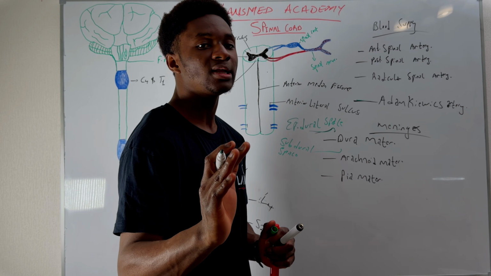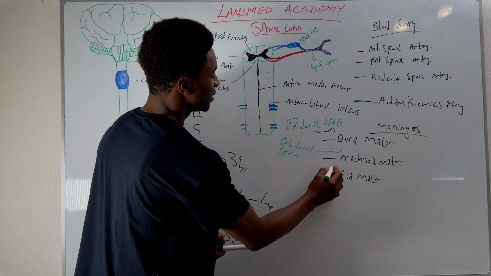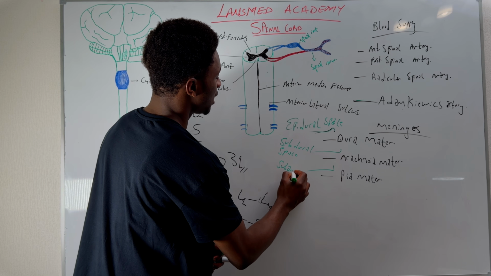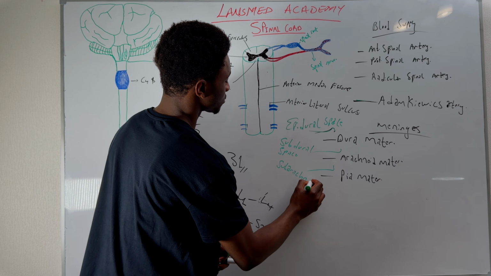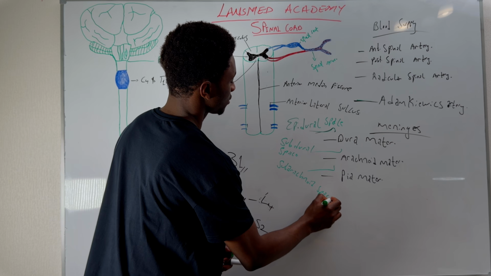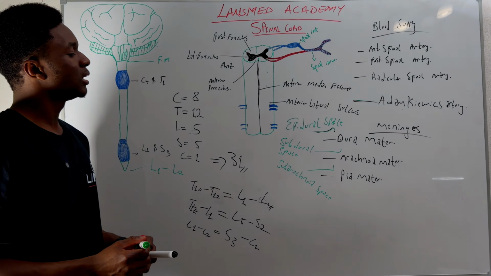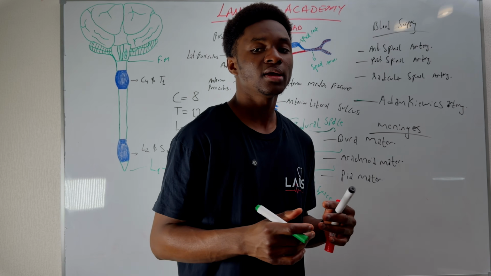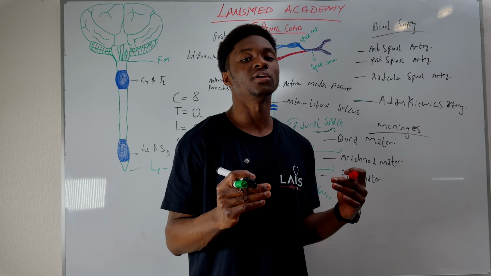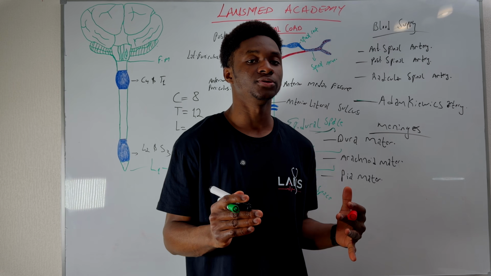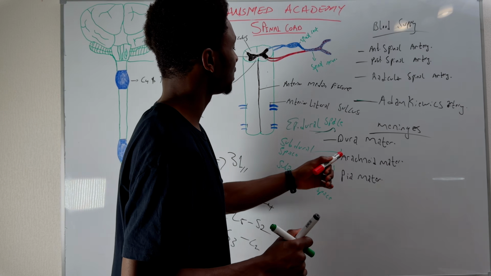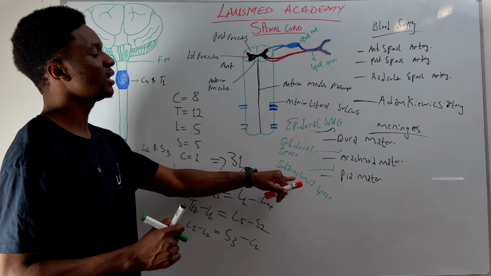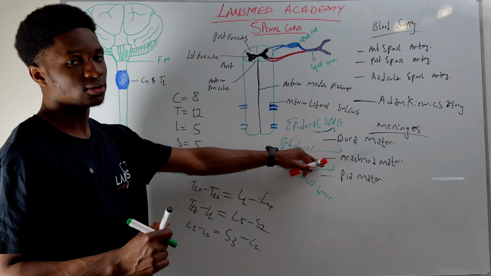And the other important space we'll have is the subarachnoid space. The subarachnoid space is where we would have a lot of the cerebrospinal fluid. And so this is what the meninges and the spaces would have in the spinal cord.